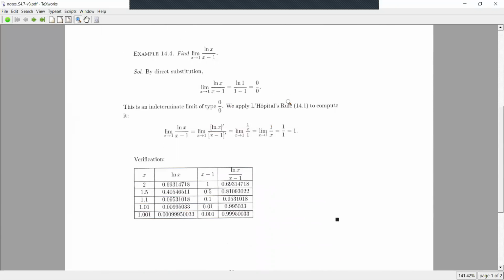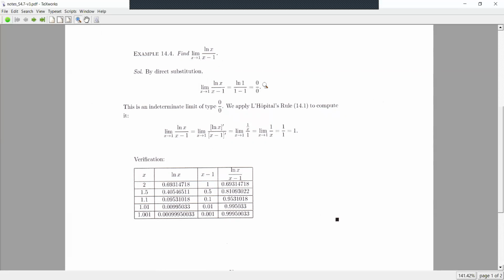Example 3. Find this limit. Again, direct substitution first. Plug in 1 for x, then we get this number. Natural log of 1 is 0. Again, we obtain 0 over 0. We cannot determine the limit.